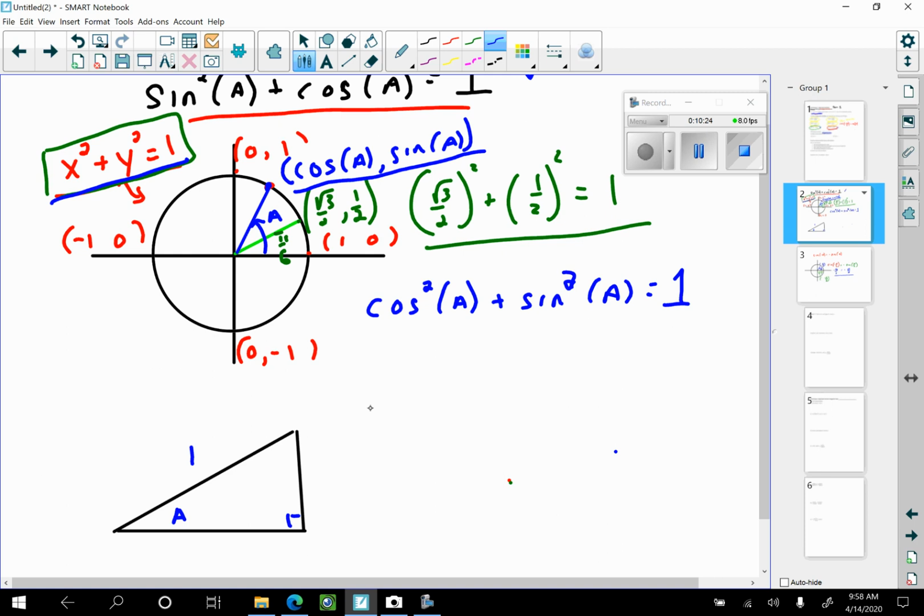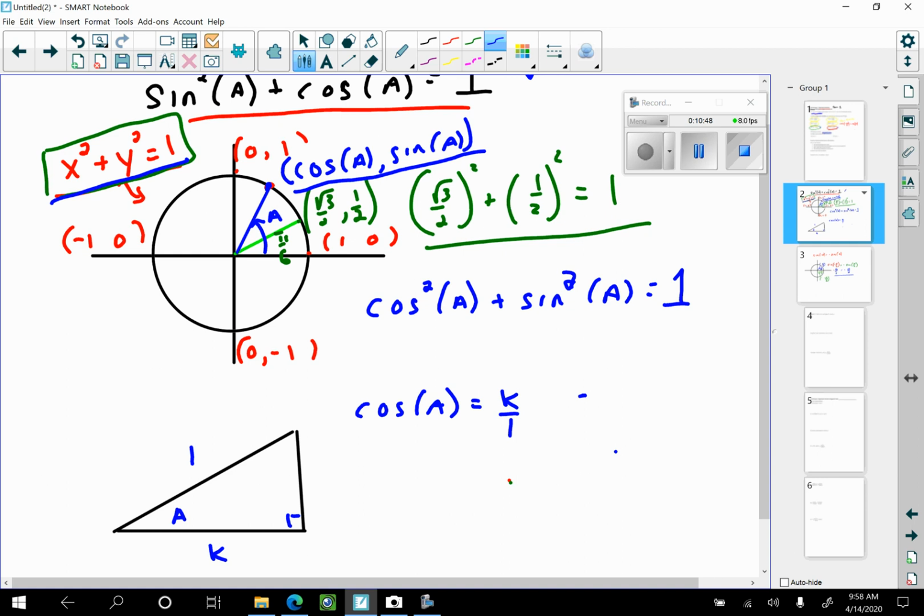Well, I know that the cosine of A is equal to this side right here. Let's call it K, so it's K over 1 by the geometric definitions of the trigonometric ratio. The cosine is the adjacent side divided by the hypotenuse.